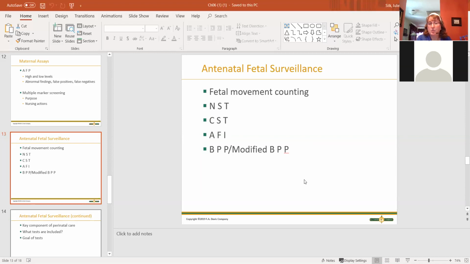All right, and then the next one, the AFI. This is the amniotic fluid index. So this is based on fetal urine production, believe it or not. This is the predominant source of amniotic fluid, and it's directly dependent on renal perfusion. So if there is persistent decreased blood flow to the fetal kidneys, it results in a reduction of amniotic fluid production.